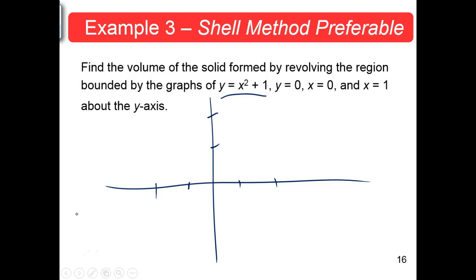Now, y is equal to x squared plus 1. Here's going to be my vertex of that, and it's a parabola like that. y equals 0 is going to be down here. x equals 0 is right here. And x equals 1 is right here.